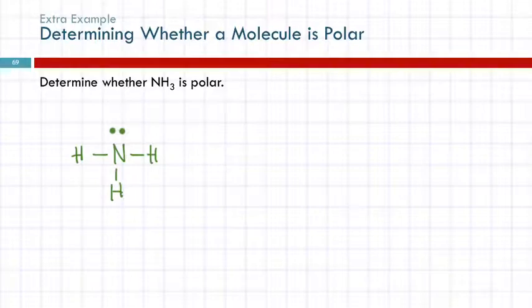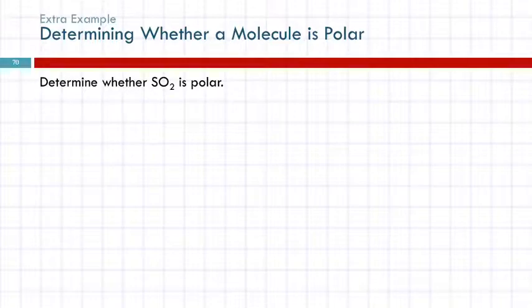The lone pair disrupts the symmetry. So to be nonpolar, no lone pairs and all the atoms are the same. Has to be both. Here, all the atoms bonded are the same. They're all hydrogen, but there's a lone pair and that messes it up. So it's going to be polar.